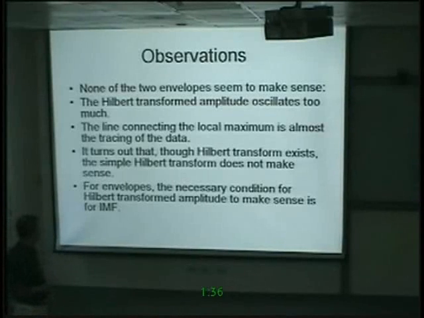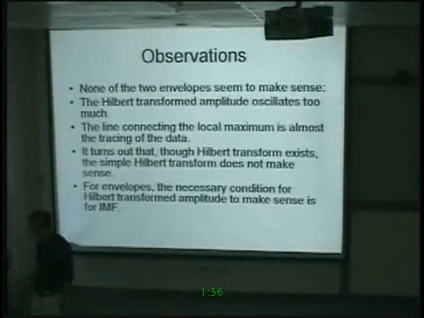For the envelope to make sense, the necessary condition is an IMF, by the definition that I have. It's not exactly narrowband, but you cannot have more than one extremum between two zero crossings.